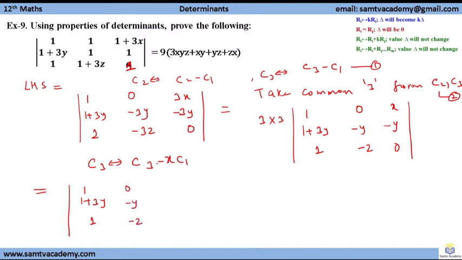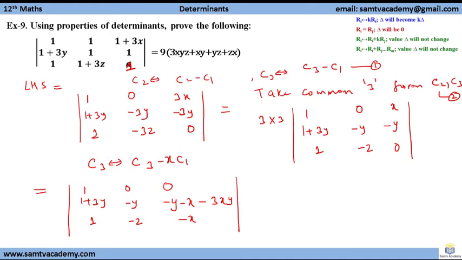Last row we have multiplied x in C1 and subtracted, so it will become 0. Last x is multiplied in C1, so x, last is minus y minus x and minus 3xy. Similarly last will become 1 minus 0 minus x. So here you will get x here.